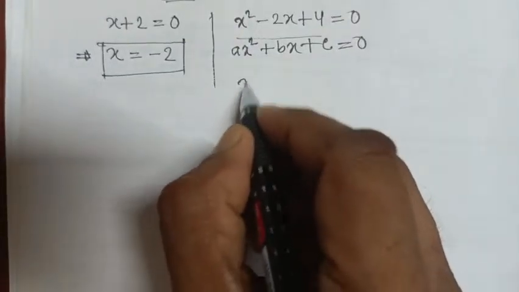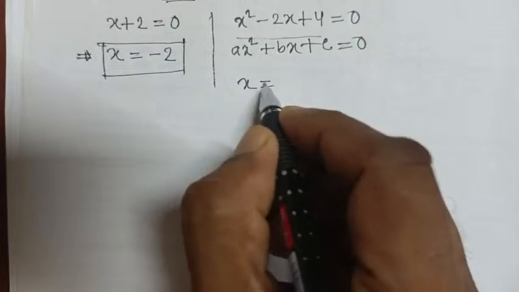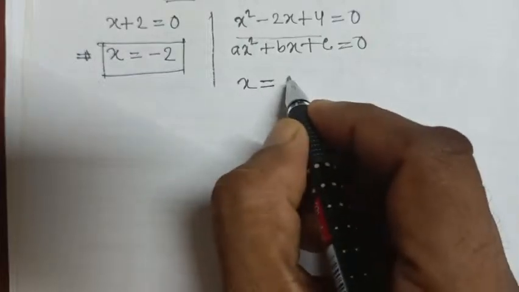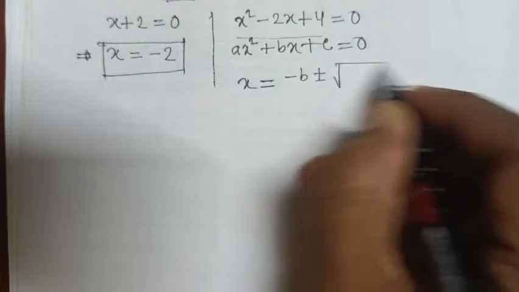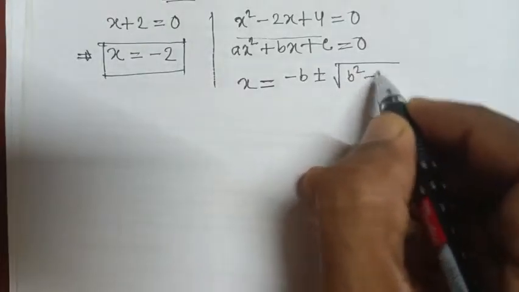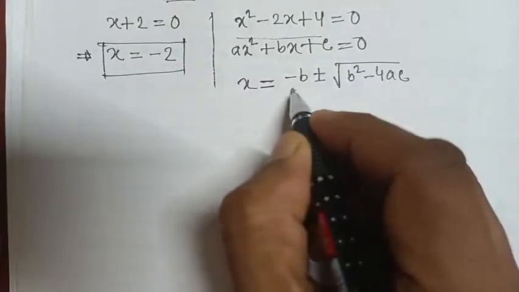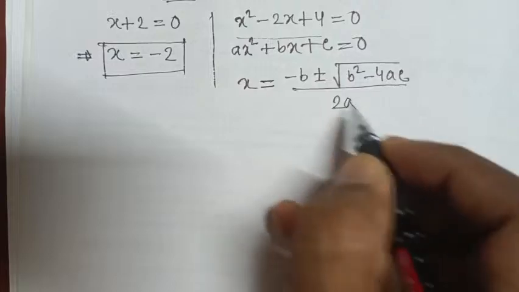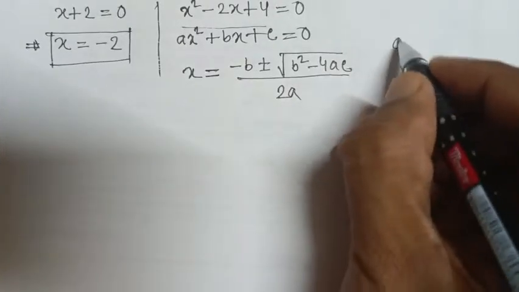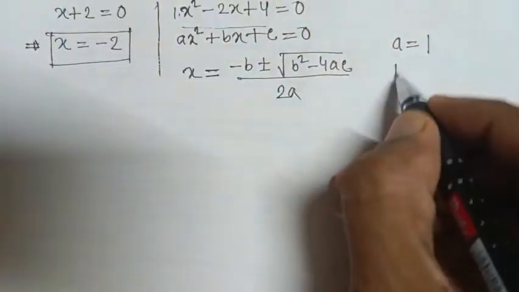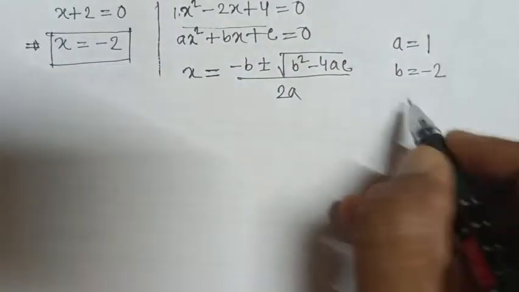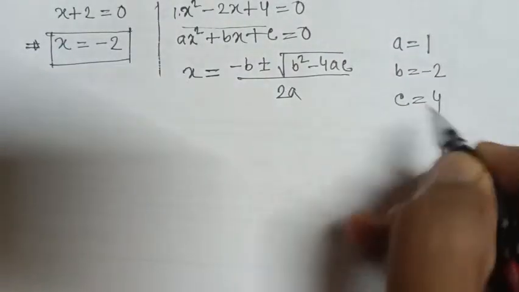So the root of x may be expressed as minus b plus minus root over of b square minus 4ac by twice a, where a is 1, b is equal to minus 2 and c equals to 4.